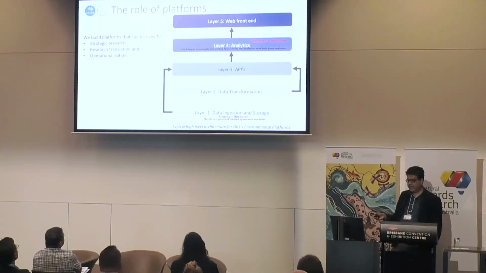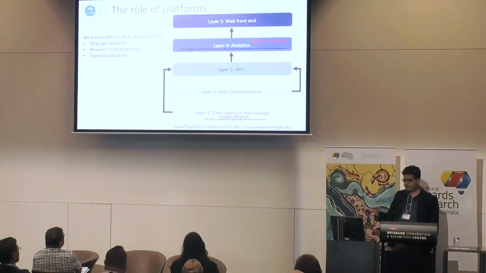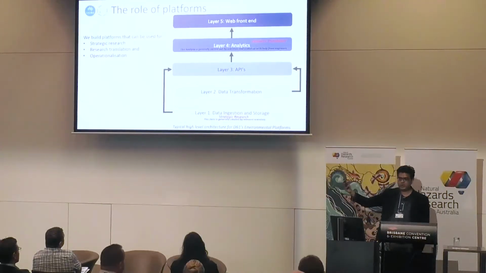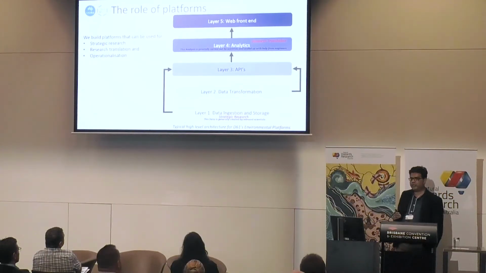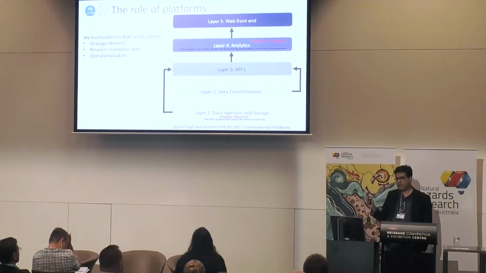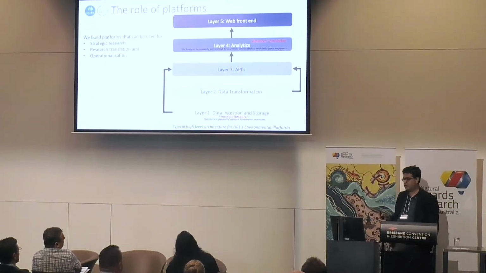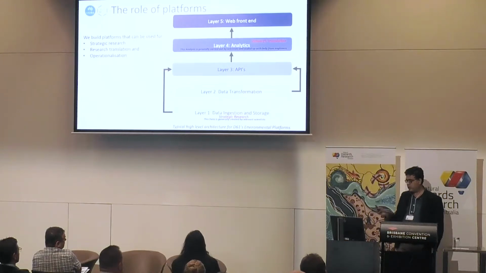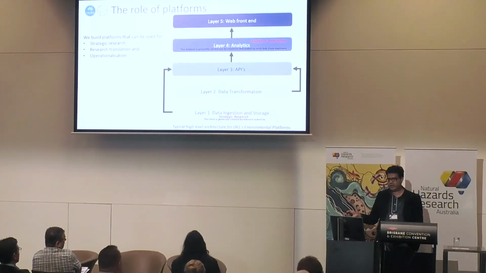But you start there and then you do the data transformation, creation of the APIs, and then on top of that you've got the analytics layer, which is more translation focused. So it's less about the underlying research, and more about the translation of that research in a domain sense so that it can be utilized either directly by the consumer or via some sort of web-based front end.